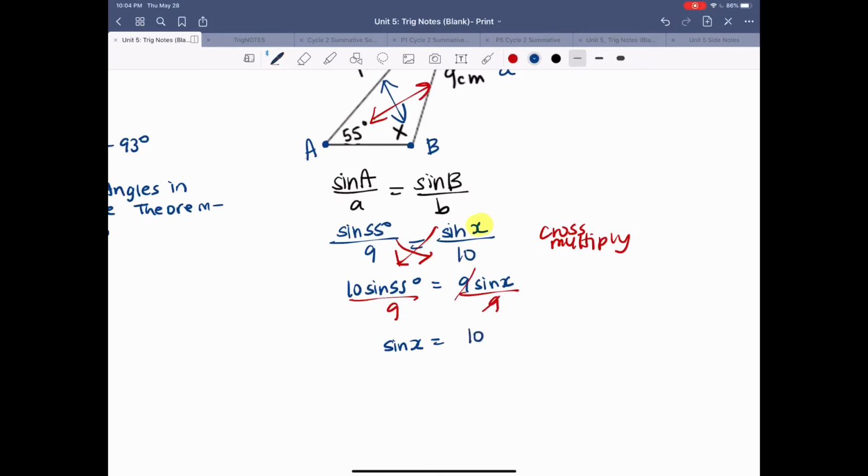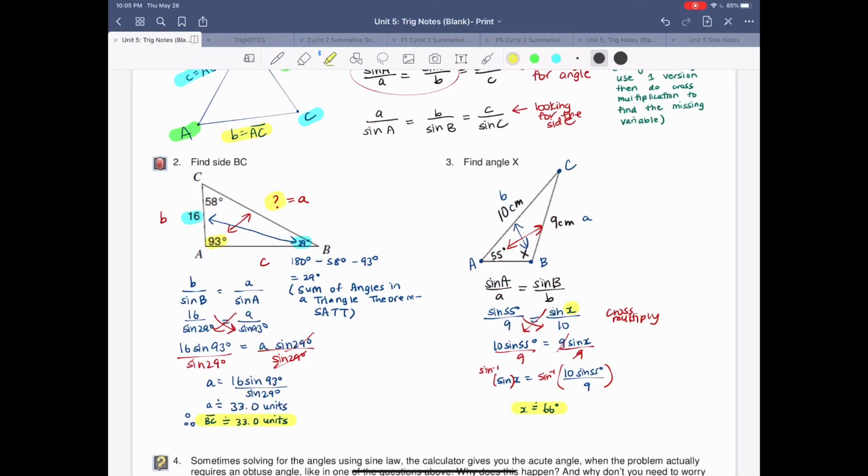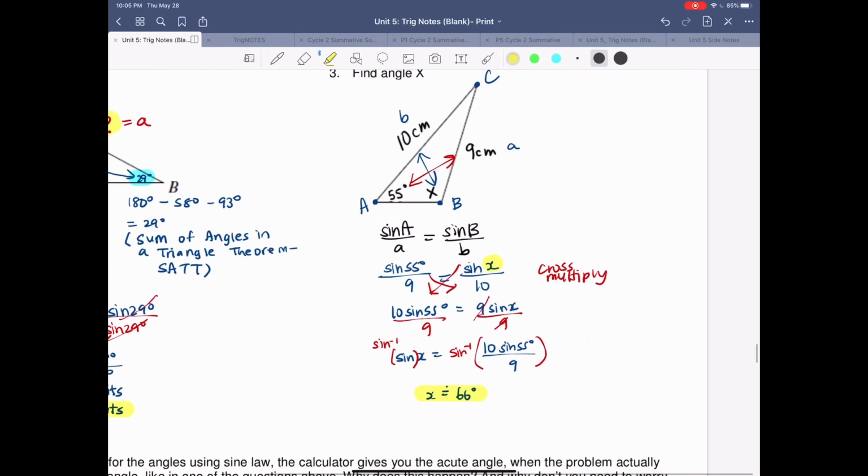So I have 10 sine 55 degrees divided by 9. With that, I need to get x by itself, so I'm going to take sine inverse of both sides. So x is equal to 66 degrees, approximately. And I have answered the question of finding angle x.